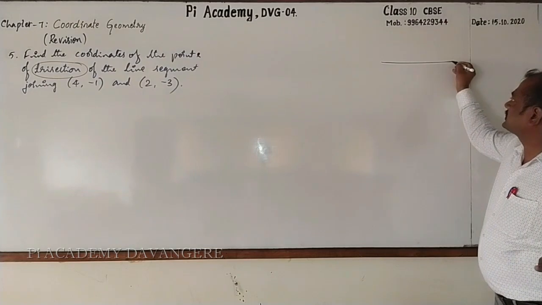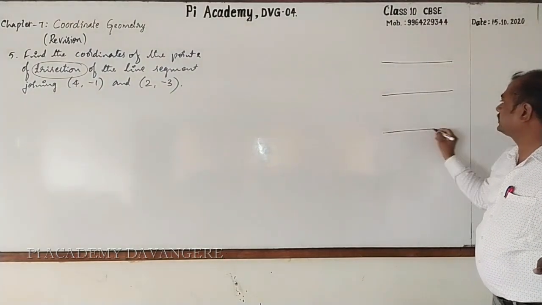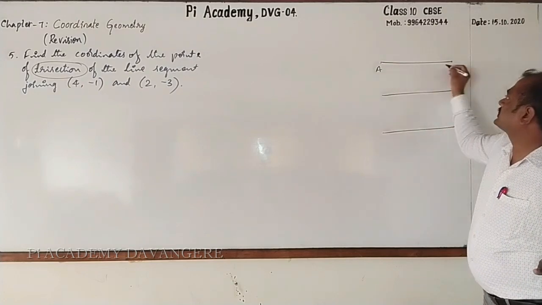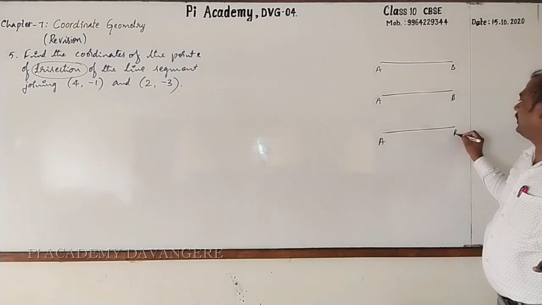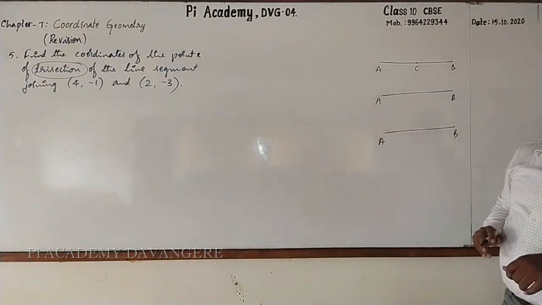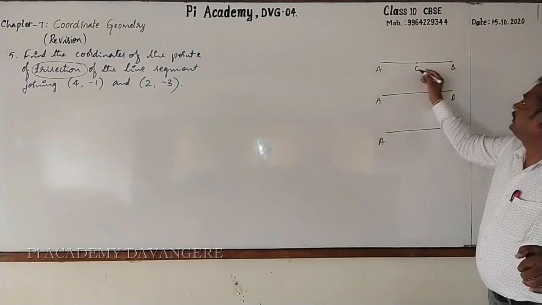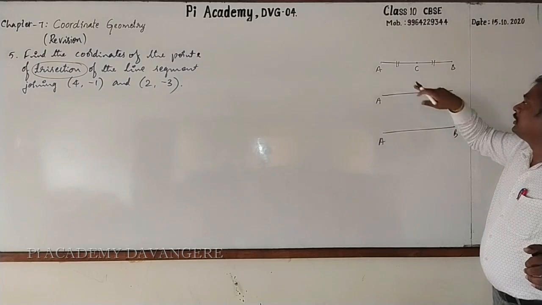Look here, this is the line segment. And again I am going to take the same. Call this as AB. Second one is also AB. Third one as well. Here I am going to mark the point C, where C is the midpoint of AB. What do you call point C?